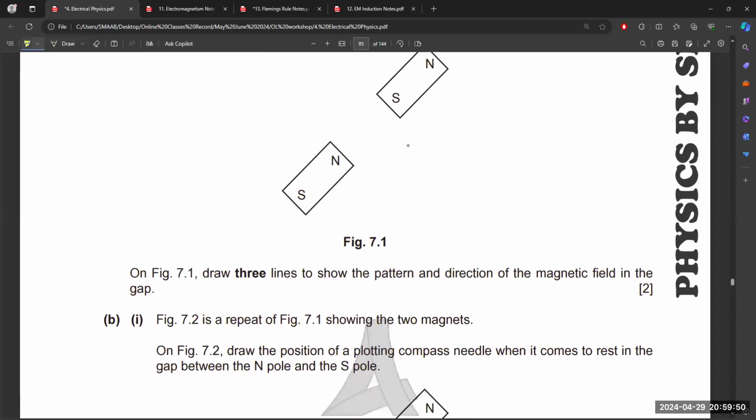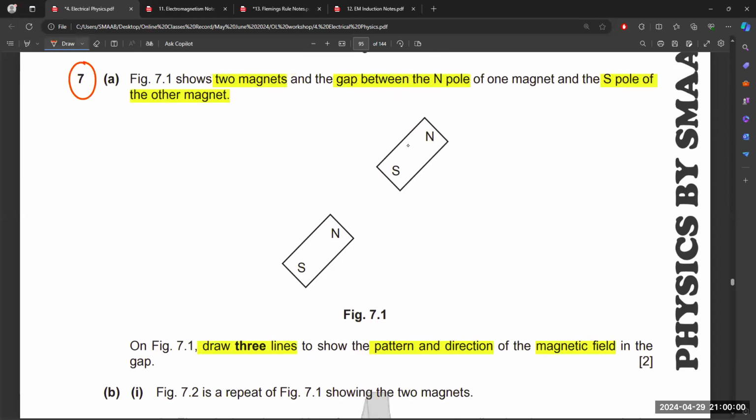On figure 7.1, draw three lines to show the pattern and the direction of the magnetic field in the gap. So that is simple, from north to south, because they are only asking about the gap part, right? So that's why we only draw the lines in the gap part.